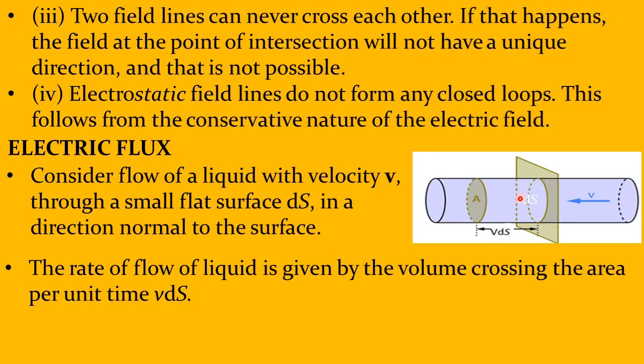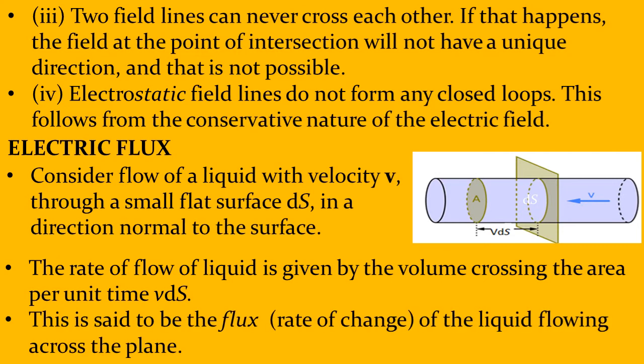The area pi r square is this ds, and h, the distance in 1 second, is v. So the volume is vds. So the volume vds is the volume crossing this area in unit time. Now this is supposed to be the flux, or the rate of change of the fluid flowing across the plane.